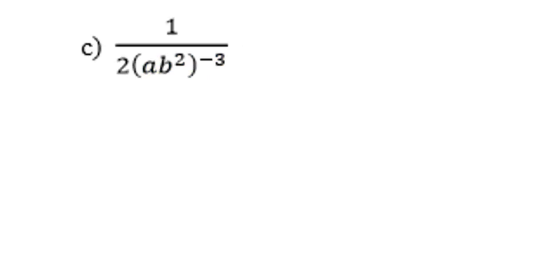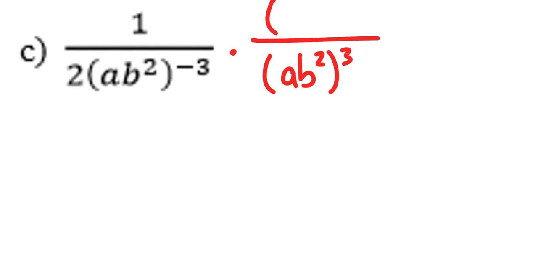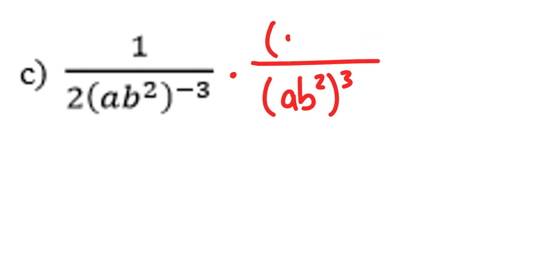So I think probably the easiest thing to do would be to just deal with this negative exponent. So I'm going to do that by multiplying my denominator by an ab squared raised to the 3rd. And in my numerator, I'm going to write an ab squared raised to the 3rd. Again, I'm multiplying by the number 1, and you're free to do that, and it doesn't change the value of your expression.